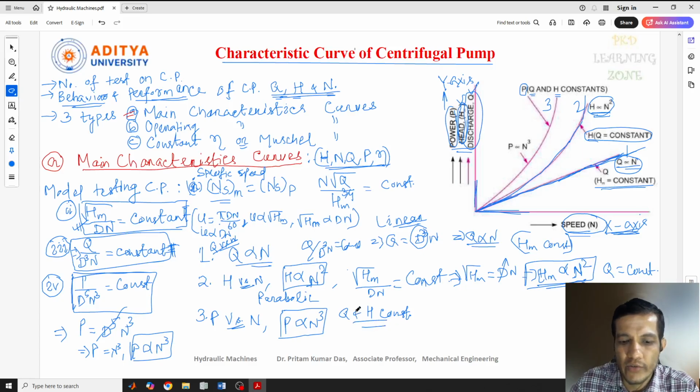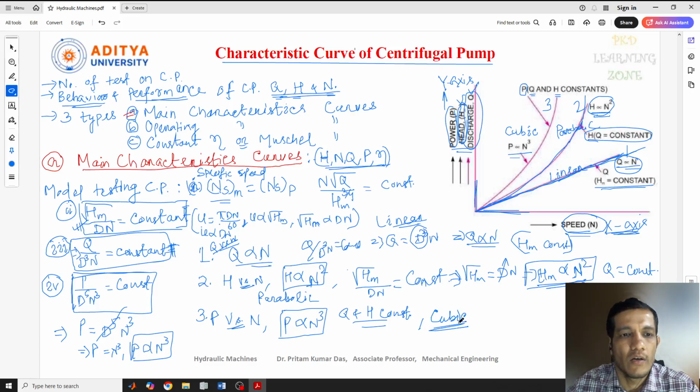And if you see this curve, this is actually P versus N, and this P versus N is showing a cubic curve. This is a cubic curve. This is a parabolic curve, and this is our linear one. So here the curve we are getting is cubic.